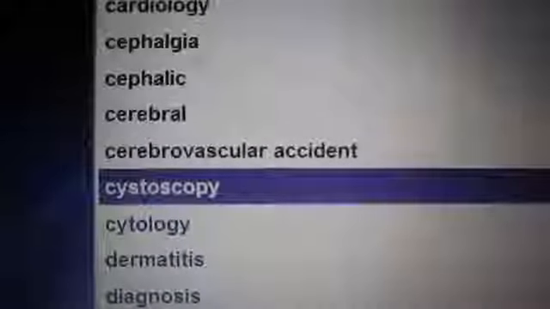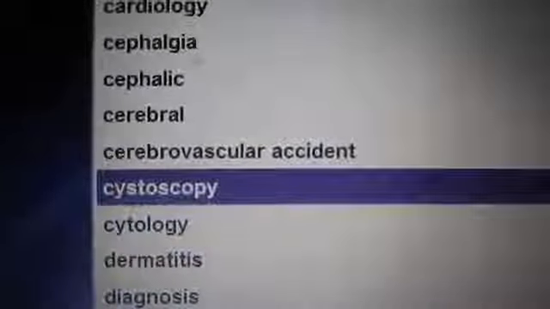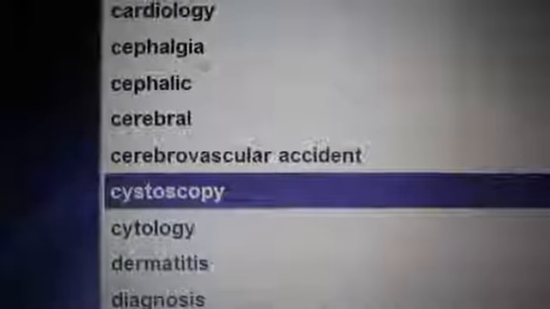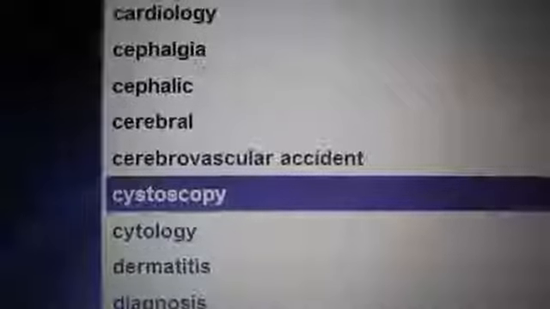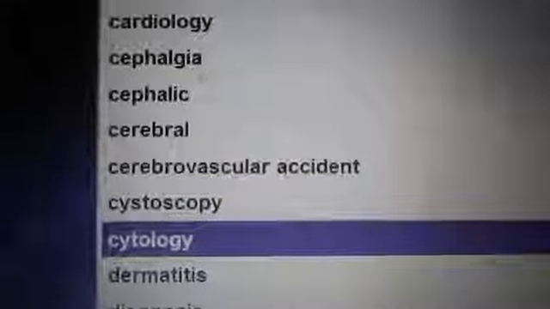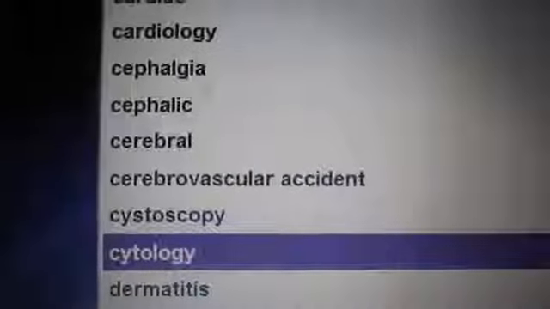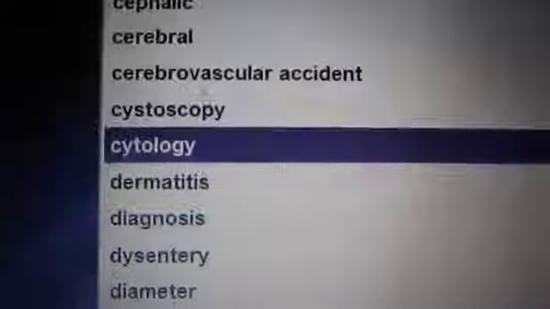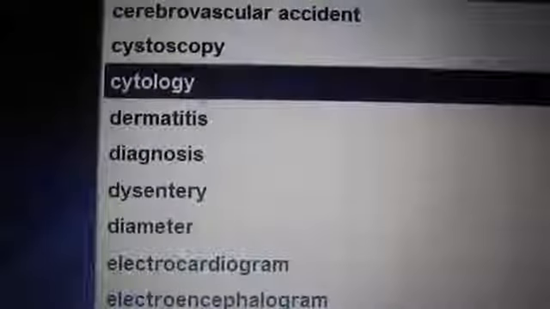Cystoscopy, then, is the visual examination of the urinary bladder. During cystoscopy, a physician inserts a cystoscope through the urethra into the urinary bladder. Cytology. Cyto, C-Y-T-O, is the combining form meaning cell. Cytology is the study of cells.